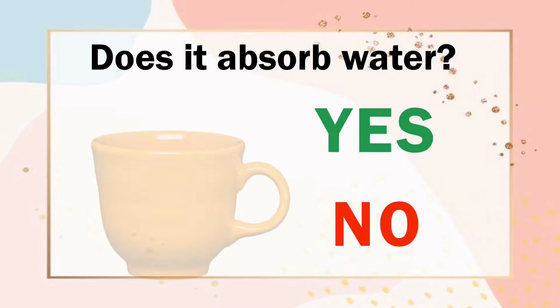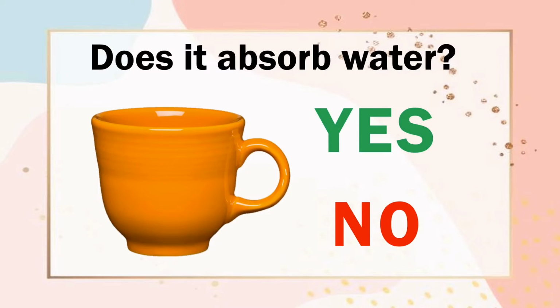So, next we have cup. Cup is made of sand. Does the cup absorb water? Yes or no? And the answer is no. Cup doesn't absorb water because it is made of sand.